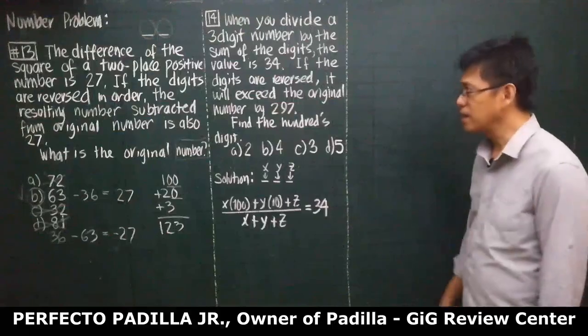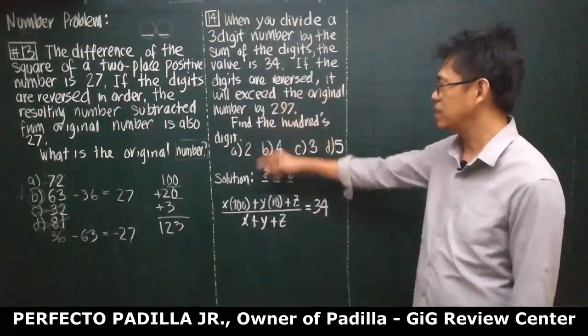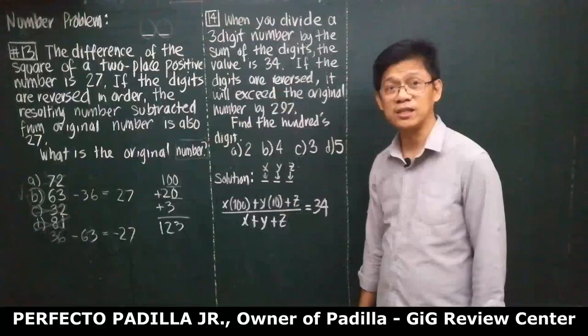If the digits are reversed, it will exceed the original number by 297.